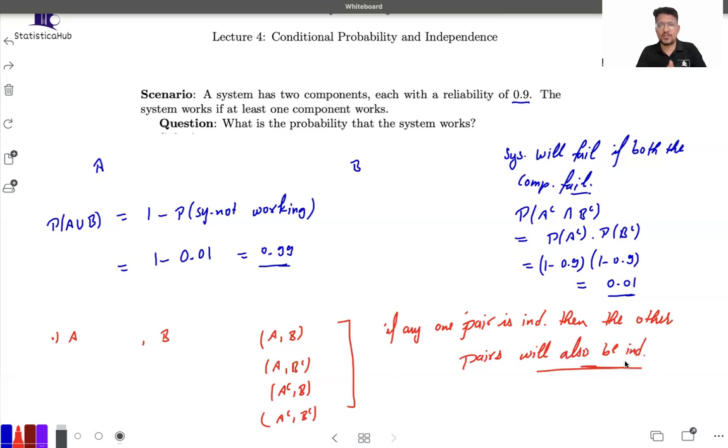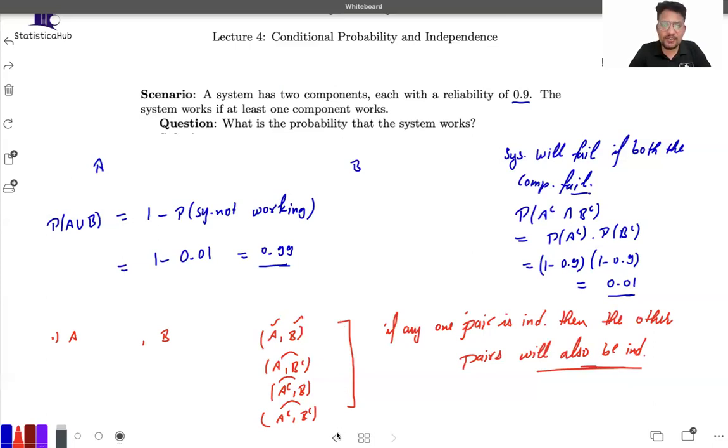That is the concept of independent events.